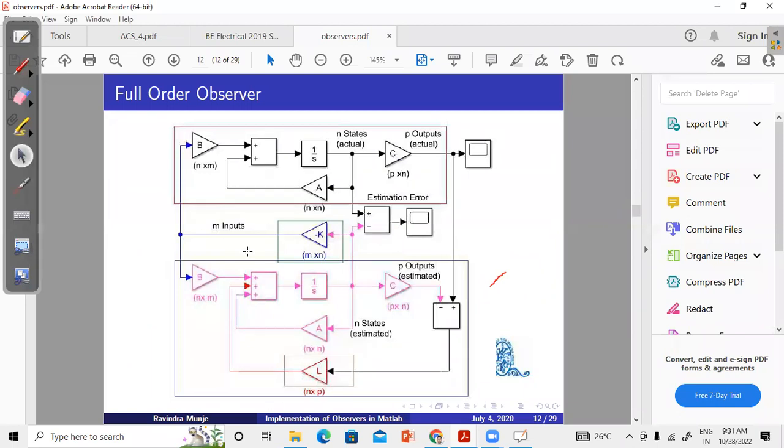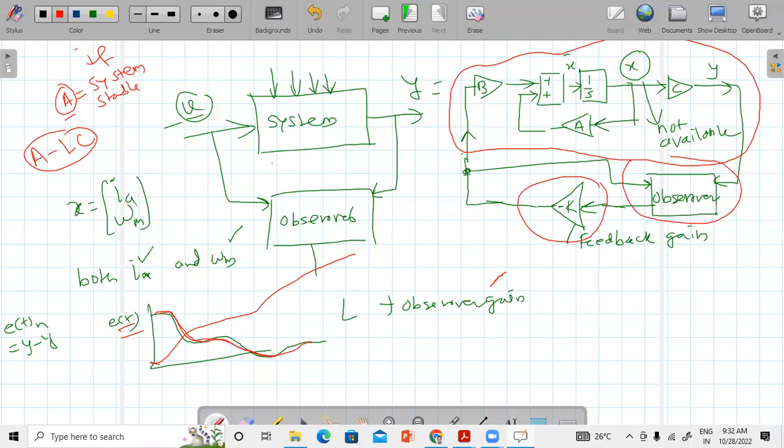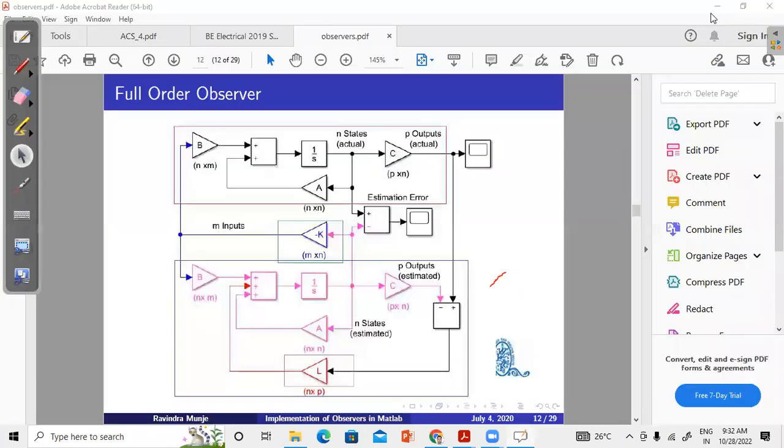So this is the overall system. This is the complete system with the observer. Here you can see that. This is the existing system that we have. This is the controller that we have, and this is the observer system. This is shown here with the help of MATLAB block diagrams.